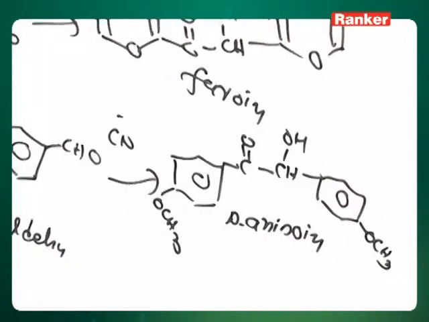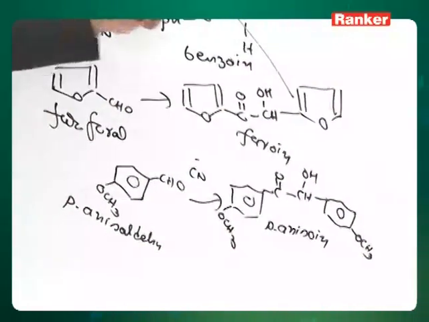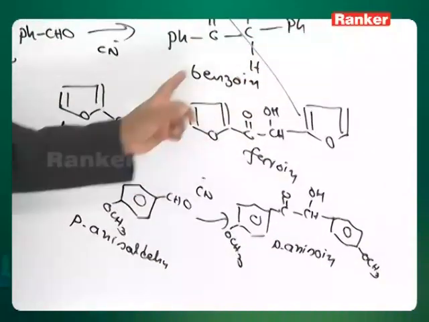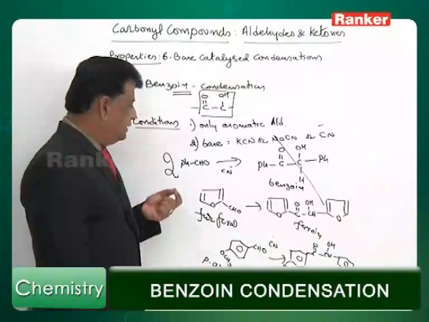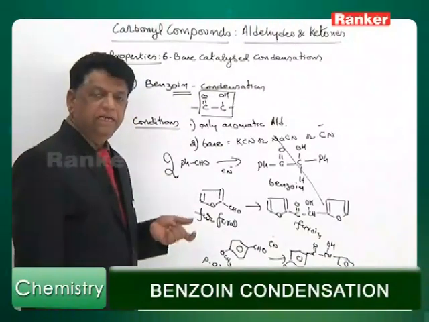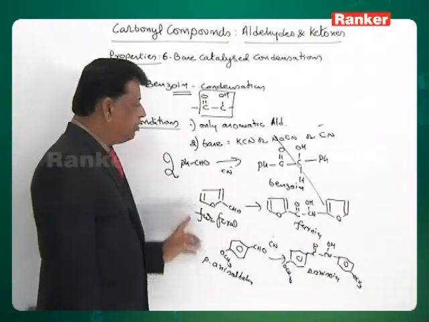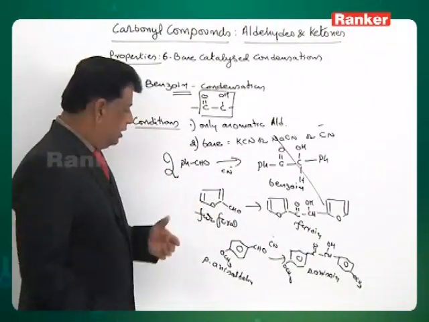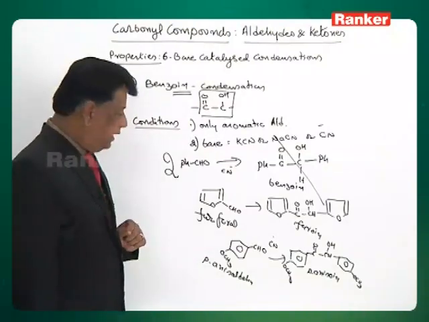So, in this reaction, cyanide is the catalyst. The cyanide is not used up, you see in the product you do not find cyanide. So, definitely cyanide is working only as a catalyst, and the cyanide, as I said, HCN is a weak acid, cyanide minus is a strong base. So, in the presence of a strong base, the reaction takes place and the two molecules join, except in the Cannizzaro reaction.